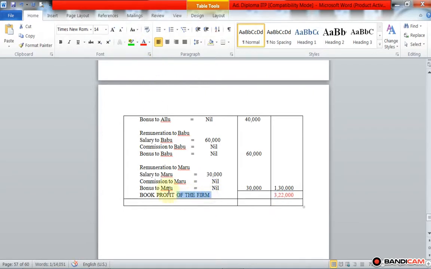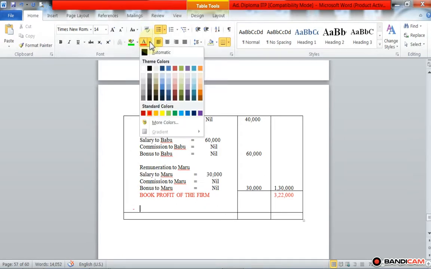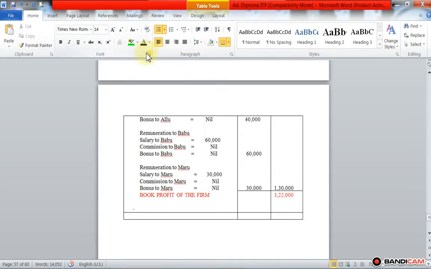Okay, we get the book profit, then we get the allowable deduction, or allowable remuneration, deduction for working partners. Got it? So allowable remuneration is deducted from book profit under section 40B for working partners only.